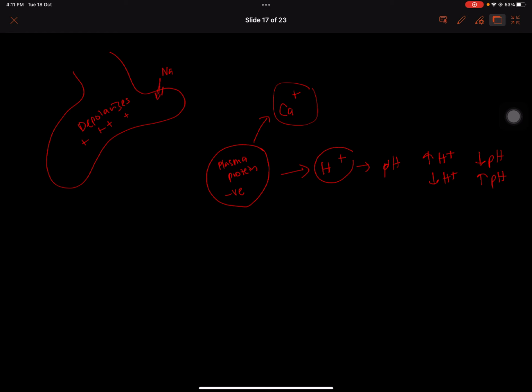Now the sodium goes in through the sodium channel, of course, but if we have too much ionized calcium outside the cell, what happens is that this calcium ion can actually block the sodium channel. Therefore, it will stop the sodium from going into the cell. That is why hypercalcemia can reduce synaptic transmission.